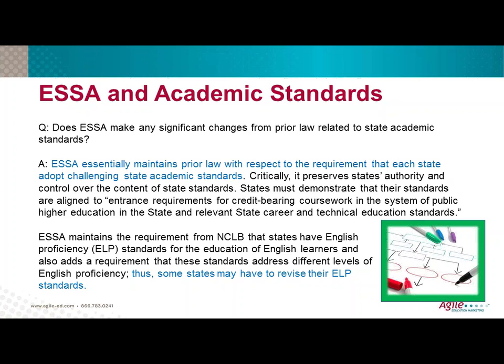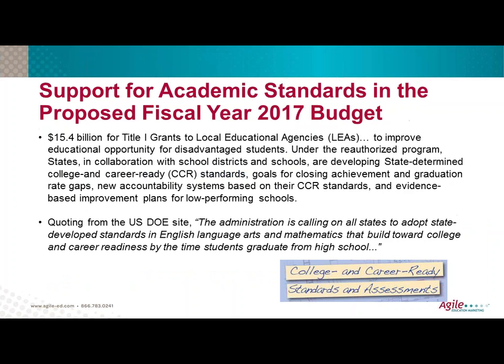They must demonstrate that their standards are aligned to entrance requirements. The only change really had to do with ELP standards, the English Language Proficiency Standards. There is some language in there that adds a requirement that these standards address different levels of English proficiency, so some states may have to revise their ELP standards.